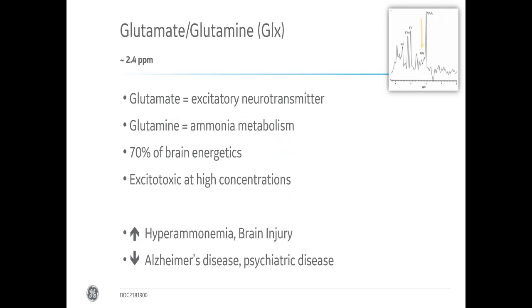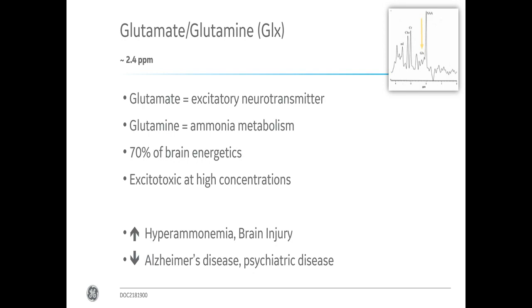So another marker is glutamate and glutamine. It's left of the big NAA peak at around 2.4 ppm. Glutamate is an excitatory neurotransmitter, while glutamine is a marker of ammonia metabolism.